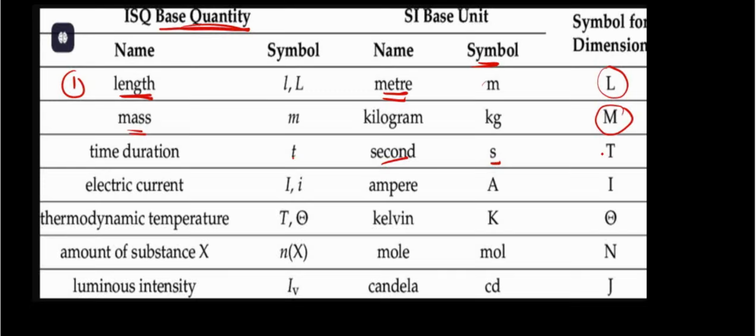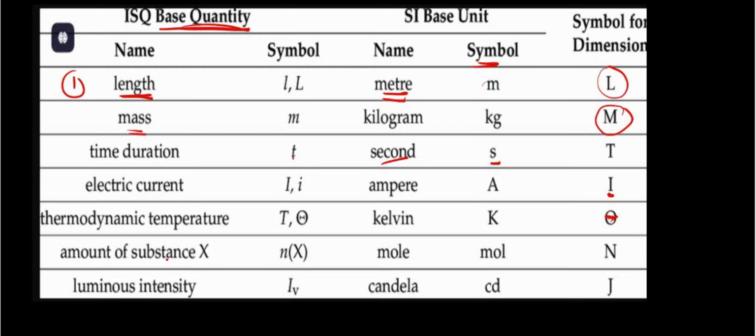How about the electric current? The symbol is I or small i, and the SI unit is the ampere, represented by capital A. But when you take it into dimension, it is represented by capital I. Then temperature: the symbol is T, the SI unit is kelvin, with symbol K, and in dimensions this one is represented by theta.